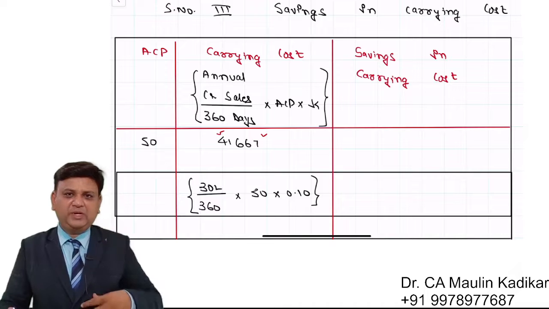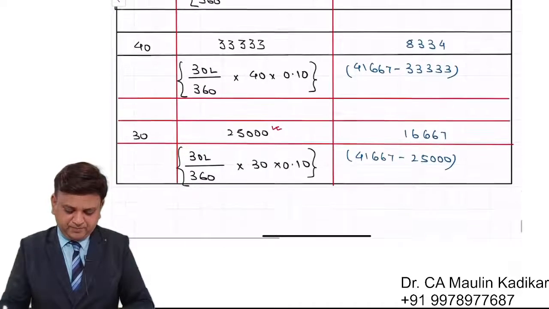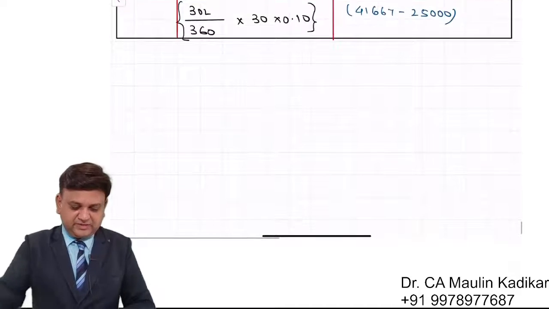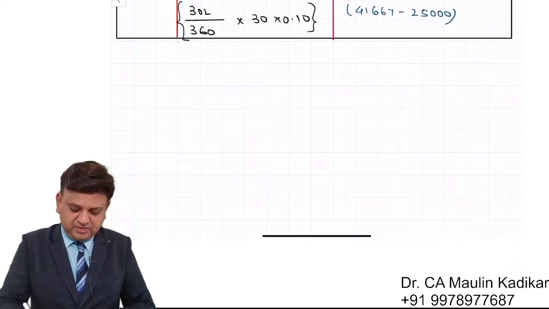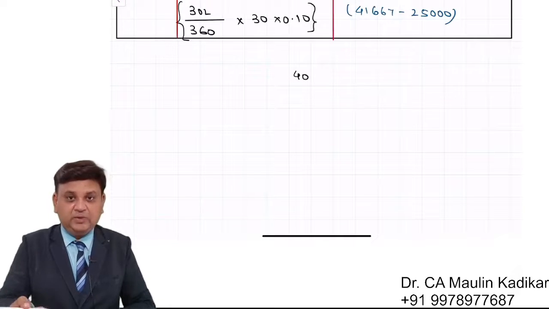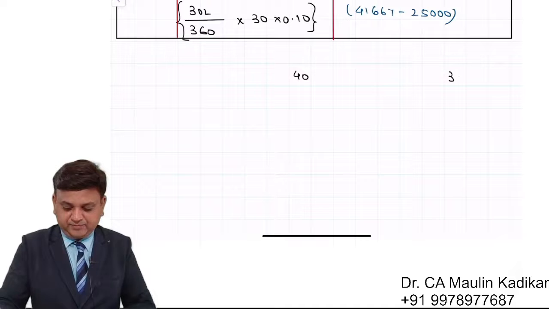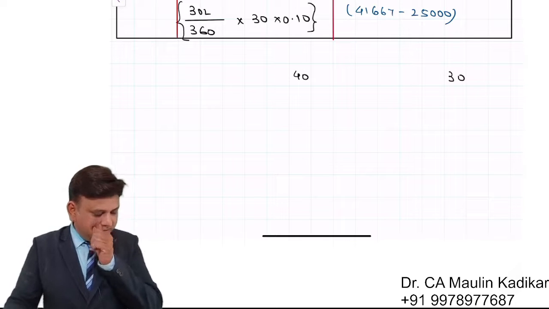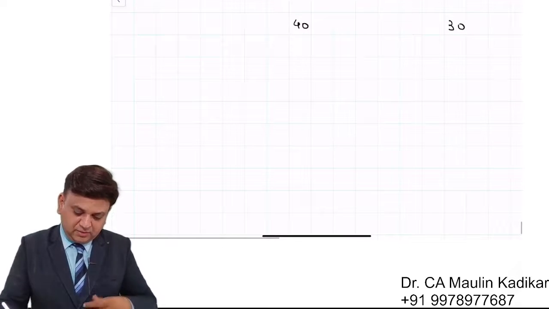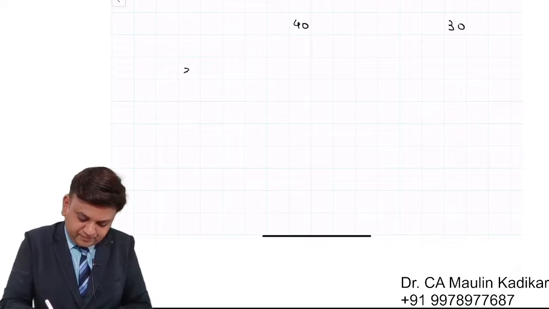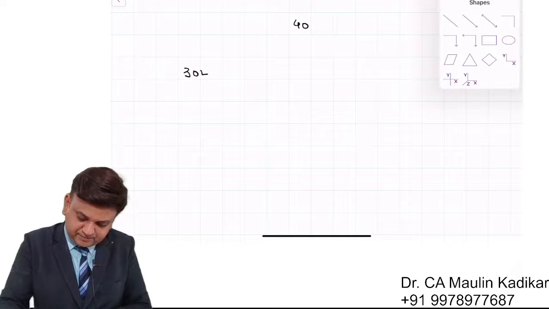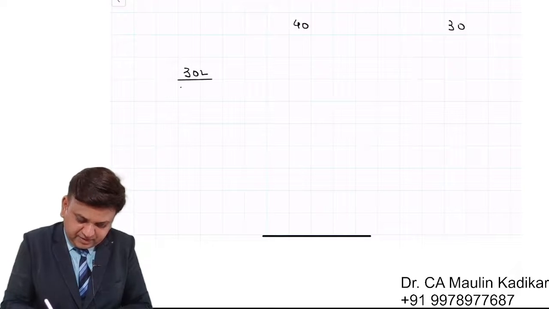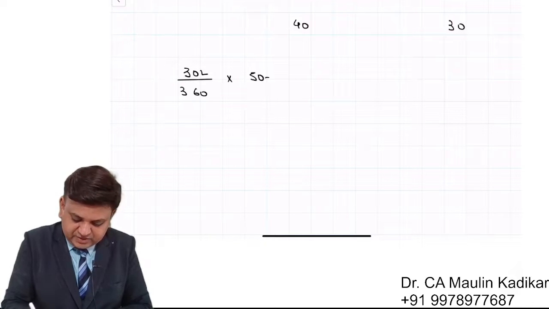So now we understand that this is the savings in carrying cost. One more small point that I would like to tell all of you. Many times students ask me: sir, in case of a 40 days time period, what would be the savings? It is 30 lakhs divided by 360 into 50 minus 40 into 10 percent.